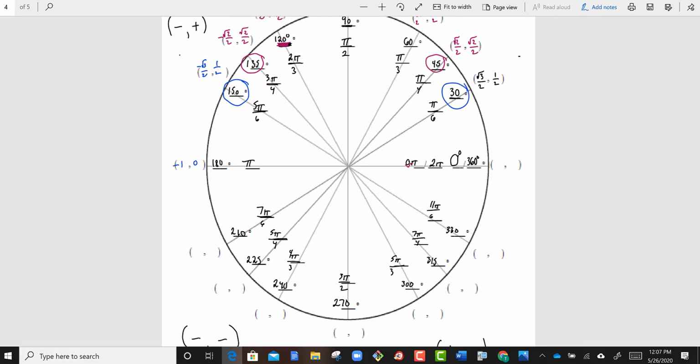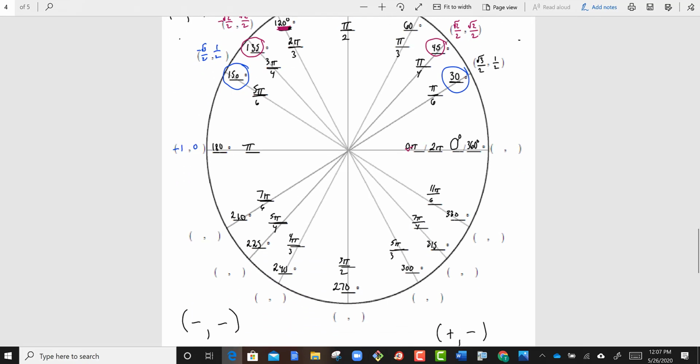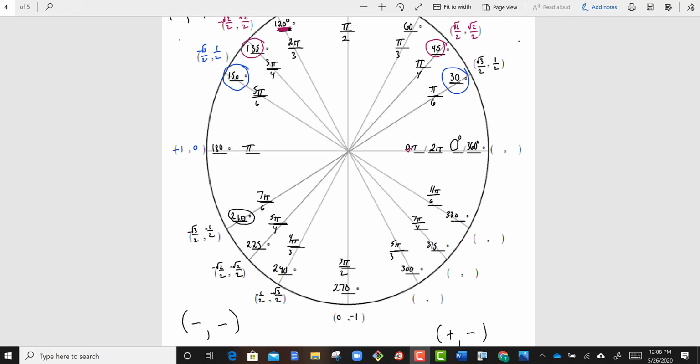Now I would encourage you to see if you can do the rest of these using the idea of the reference angle. So figure out what the reference angle for the next angle is, 210 degrees, and that will give you the XY ordered pair. So quadrant 3 is done.